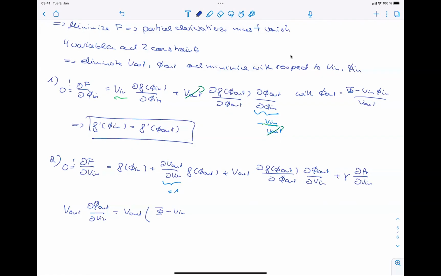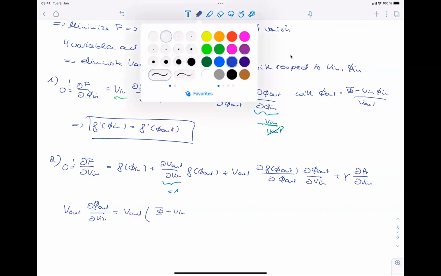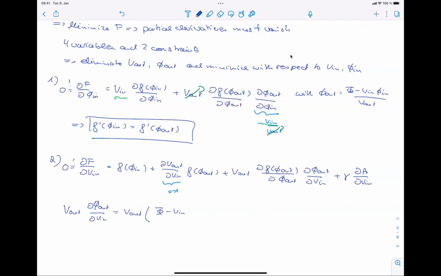Because you just derived V_in and then you get minus phi_in over V_out. But V_out also depends on V_in through the volume conservation. Like the thing you wrote before and then deleted. This one.